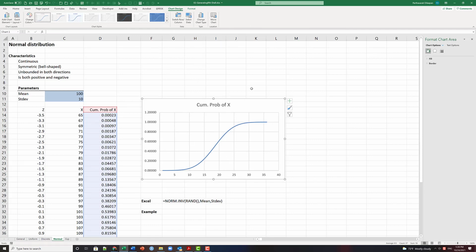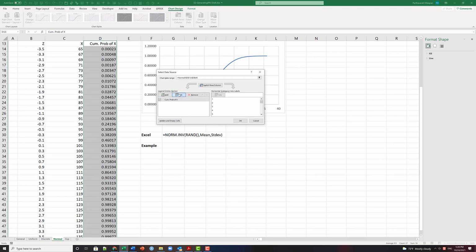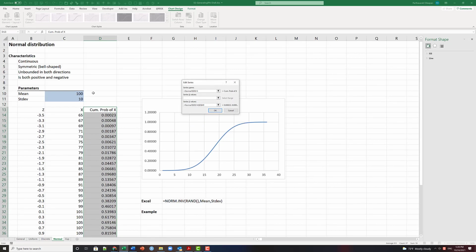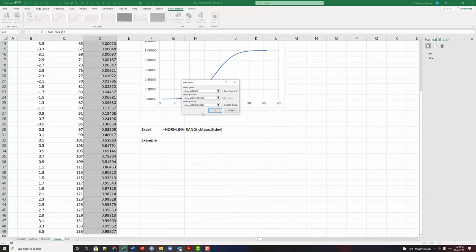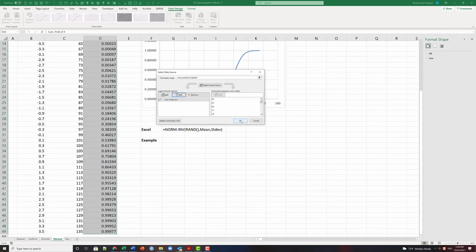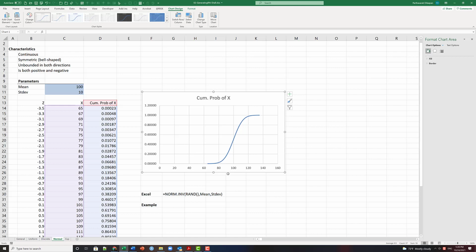Now we need to change the x values. Okay, so let's change the x-axis to go from 60 through 140.